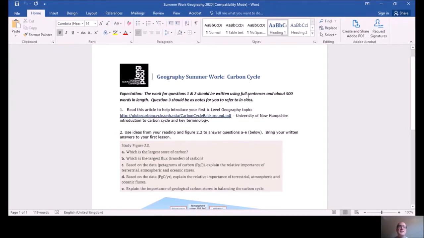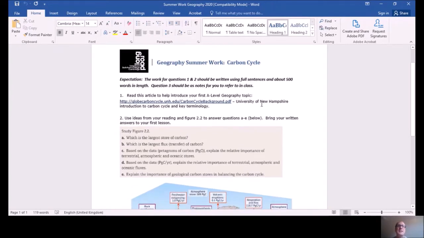There are 3 questions, and they're all based around the topic of carbon. There's a reading that you need to do, which is linked in this first question here, the global carbon cycle.